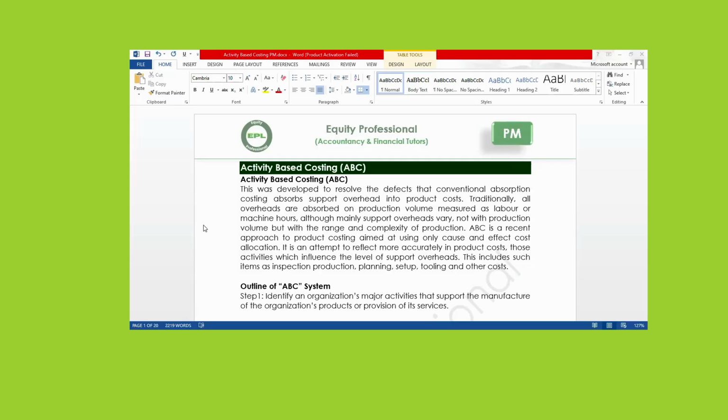The addition of direct material cost plus direct labor cost plus direct expenses is called prime cost.